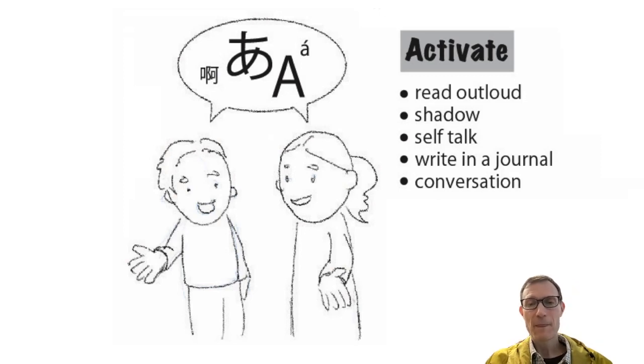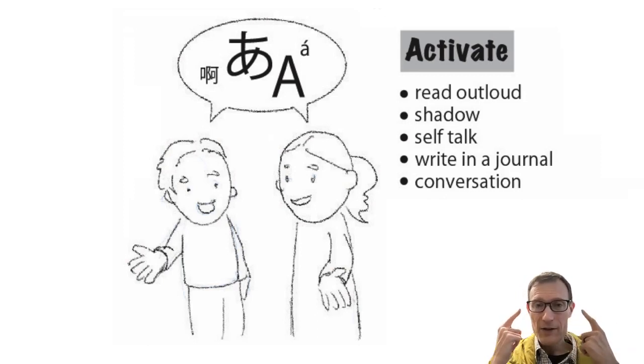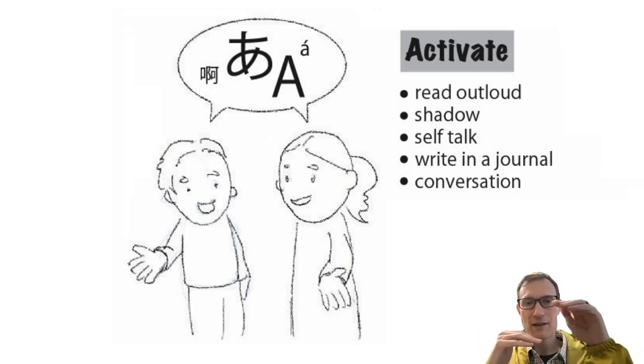Another thing that you can do, in addition to reading out loud, is while you're listening, you can try to repeat what you're hearing in real time. And this is called shadowing. And it's not just like you listen to something and then you repeat it. It's a little bit different than that. The point of shadowing is that you're going to try to say the thing almost at the same time as you're hearing it, so that you're almost overlapping.